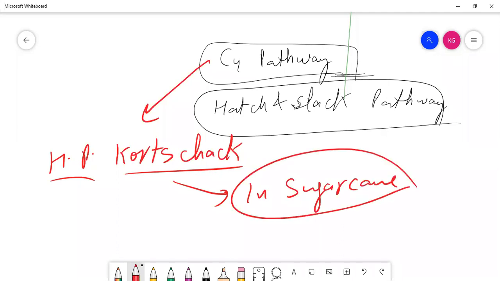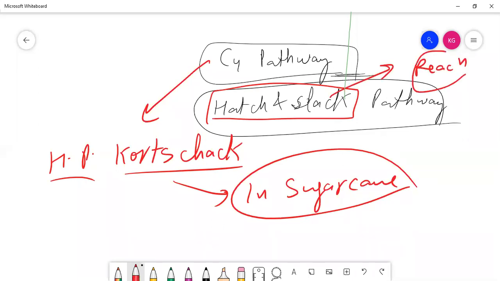This set of reactions, the pathway, was given by Hatch and Slack, but it was actually discovered by H.P. Kortschak in sugarcane. So the first thing is clear.